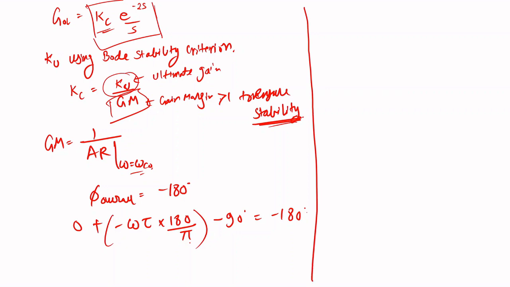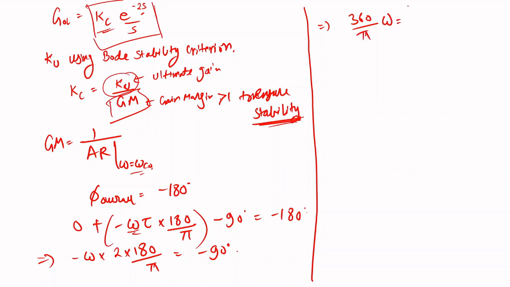So we can replace the values: minus of omega tau, tau is 2, into 180 upon pi, minus 90 degree, is equal to minus 180 degree. So we can write this as 360 upon pi into omega is equal to 90 degree. That is omega, we can write it as pi into 90 upon 360, that is pi by 4. So the crossover frequency we found out as pi by 4.